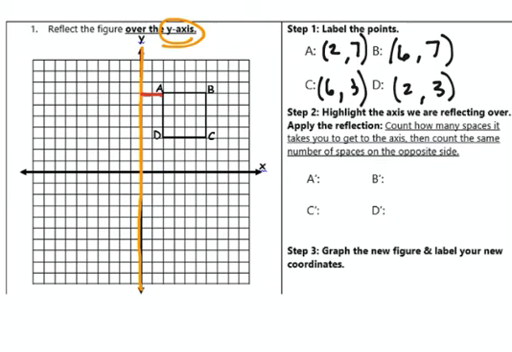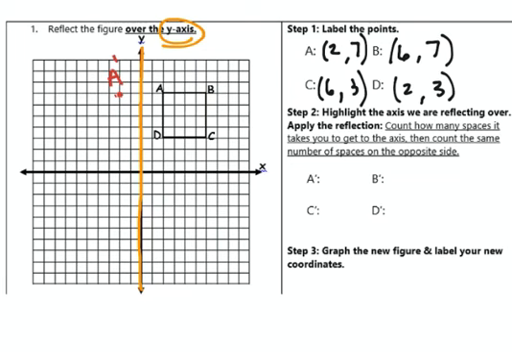Well, it's 1, 2, okay? So it's 2 away from the Y-axis. So that means we're going to count those 2 spaces toward the highlighted Y-axis, and then we're going to count 2 in the opposite direction, which ends us up right here. Okay, and we'll label that point A prime.